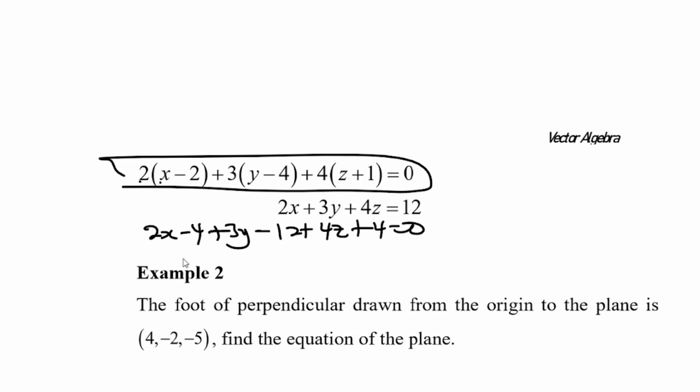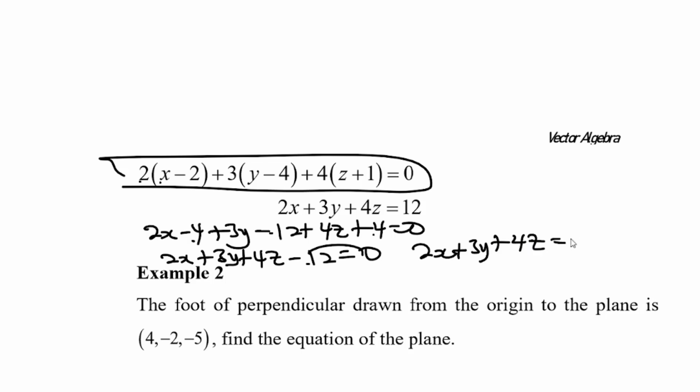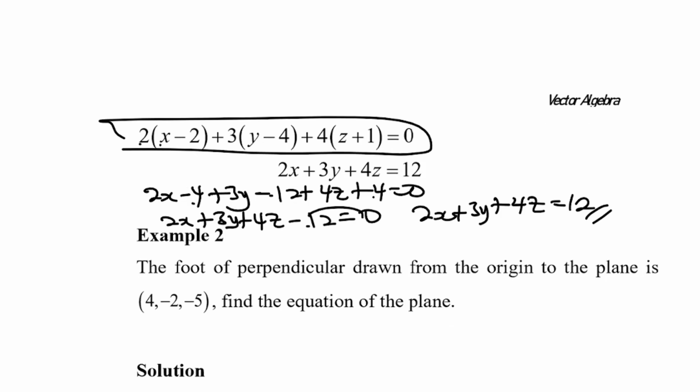And so we are going to have 2x plus 3y plus 4z, and the negative 4, negative 12 gives us negative 16 plus 4, and that gives us negative 12 equal to 0. So when we put it over, we are going to have 2x plus 3y plus 4z is equal to 12. So this is called the vector equation of the plane.